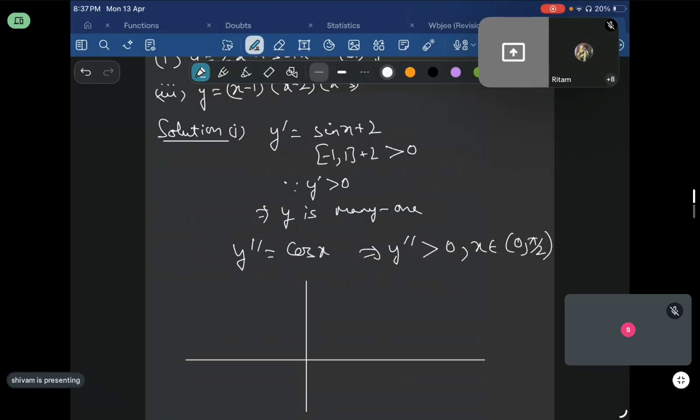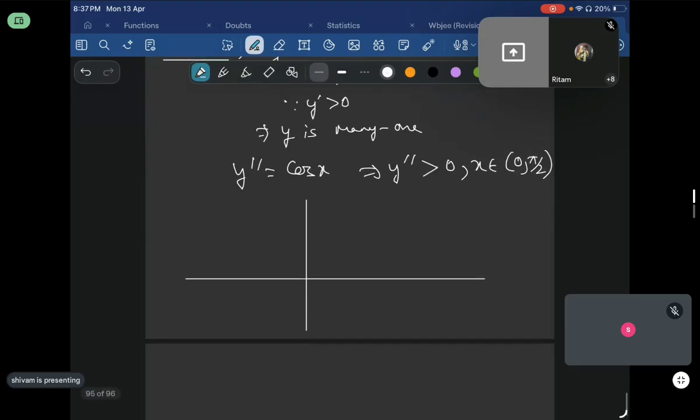Tell me. Okay. So between 0 to pi by 2, how will you draw the graph? That means y dash is increasing from negative to positive. This is how the graph will look from 0 to pi by 2. Then from pi by 2 to pi, it will look somewhat like this.